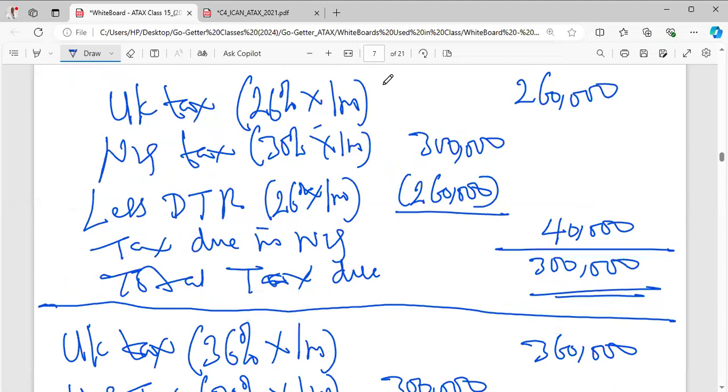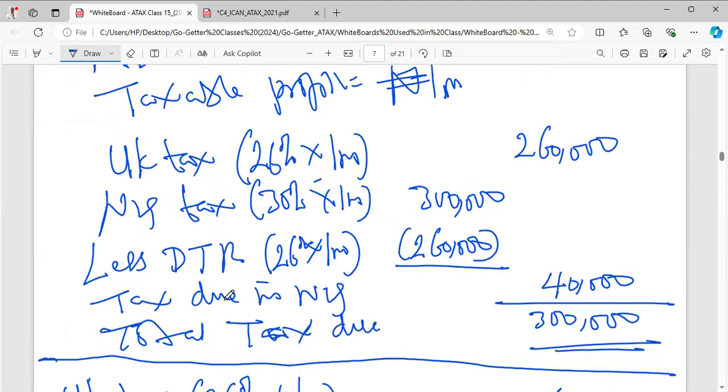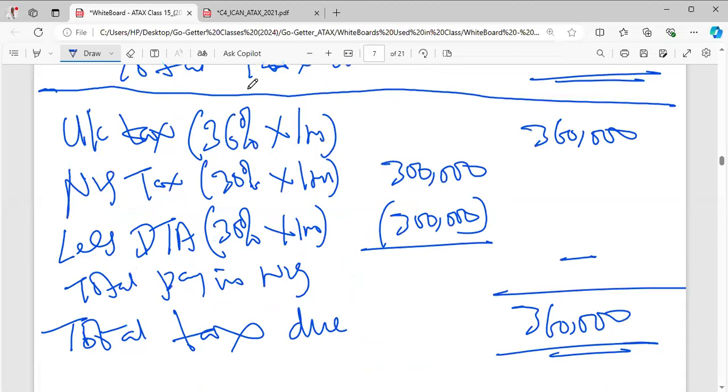One, the double taxation agreement rate is the smaller rate between the two countries. Smaller rate is what will be used as the double taxation relief. That's one. Number two, the double taxation agreement rate will never be higher than that of Nigerian tax rates.